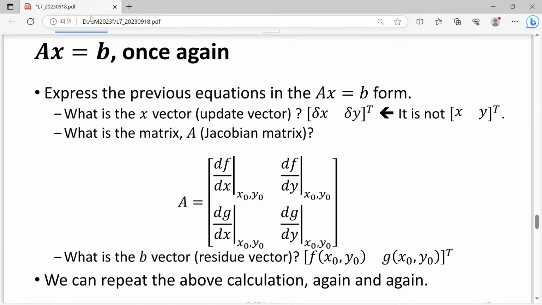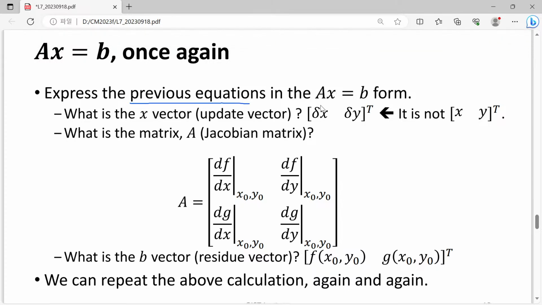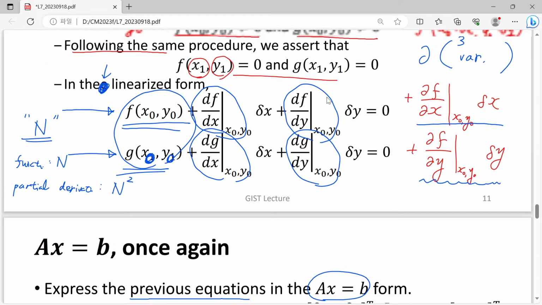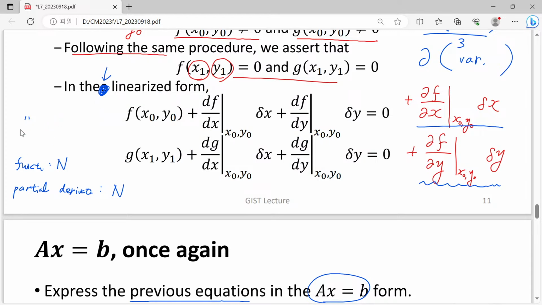Yes, we have it. So now let's express the previous equations in the form of Ax equal to b. Please have a look at these two equations and please try to express them in terms of Ax equal to b. Sorry about that, this is still 0 and 0.